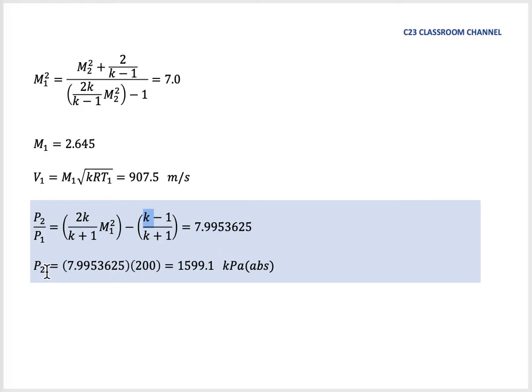Then to get the value of P2, we multiply this value with the pressure before the shock wave, which is 200 kPa absolute. Finally, we could say that the pressure after the shock wave will become 1599.1 kPa absolute.